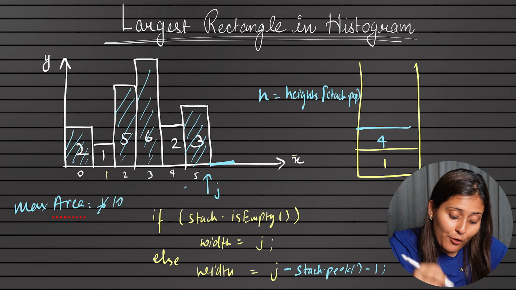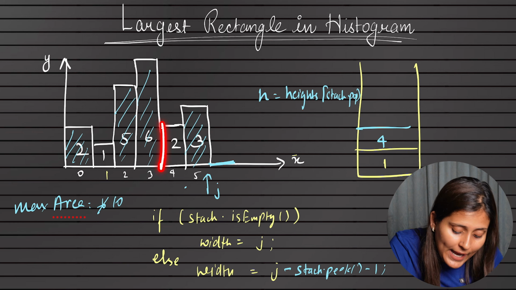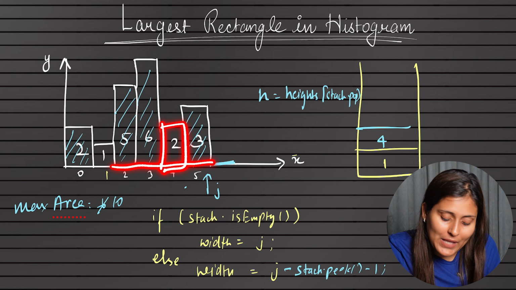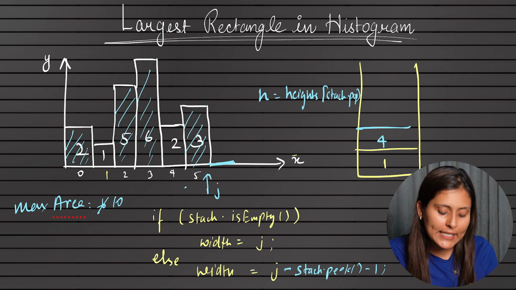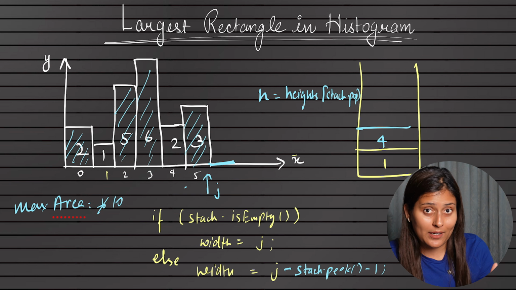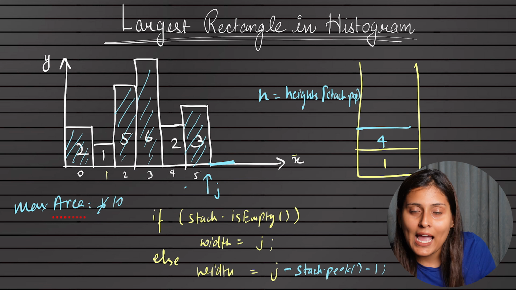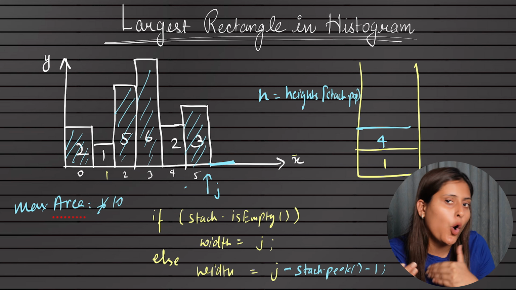So hence, without actually having all the values, I can simply say that this 2 height is valid for 4 width, and simply we'll multiply 2 into 4, that will give us 8. Unfortunately, this is not the highest area, but we actually calculated it without having all the elements in the stack, and that's how stack helps us, which is monotonic stack, means increasing or decreasing.